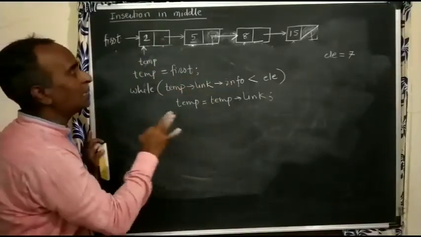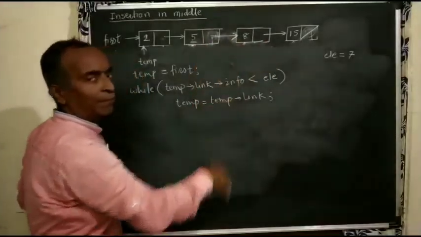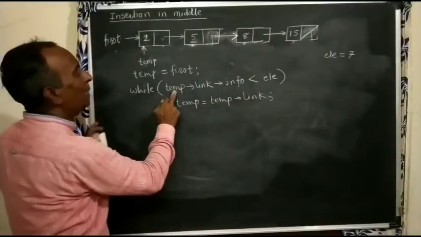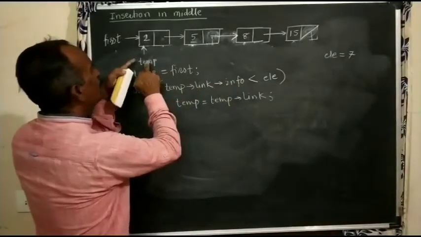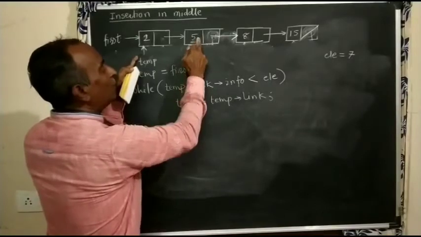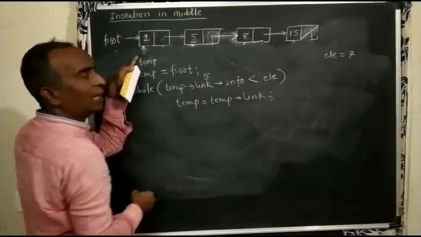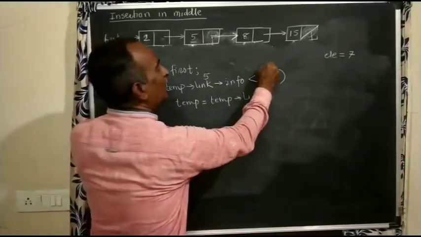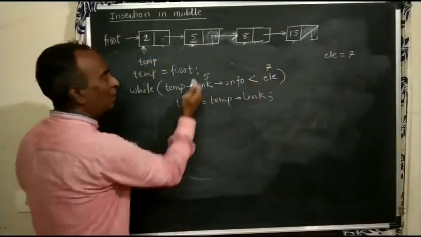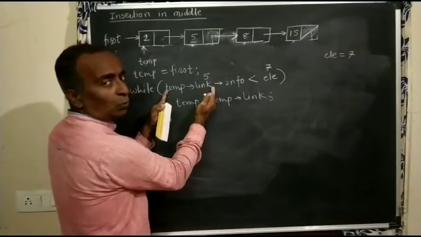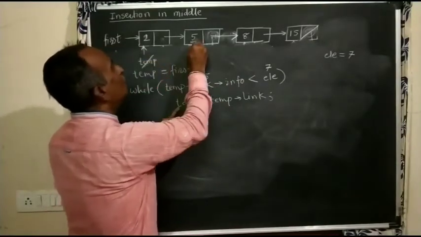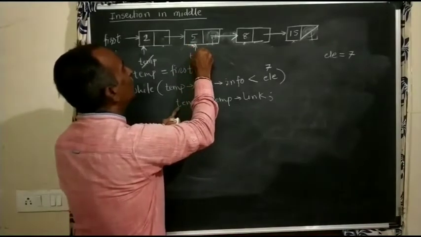Now for all other cases, we'll see insertion of 7, whether it works. Temp is given here, temp's link's info field. Temp is here, temp's link is this node's address, its info field is 5, and the element given is 7. Is it less? Yes. When it is true, it will come into the loop, and temp is moved. Temp will point here.